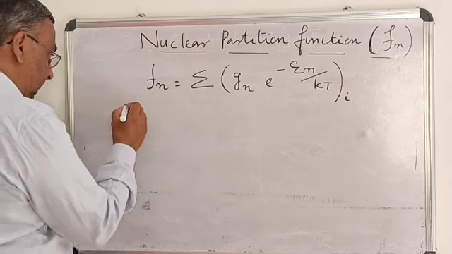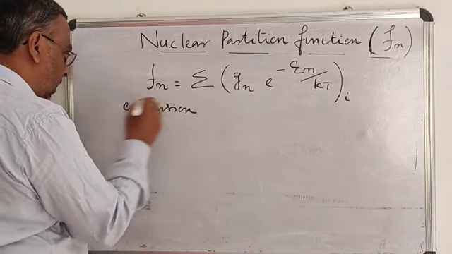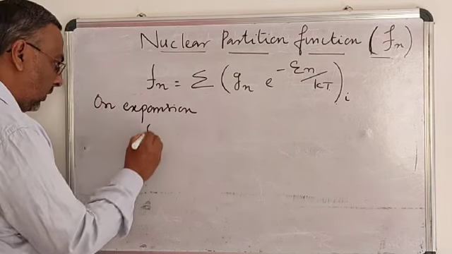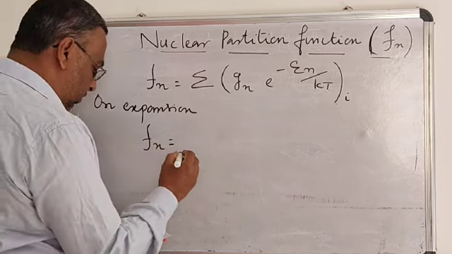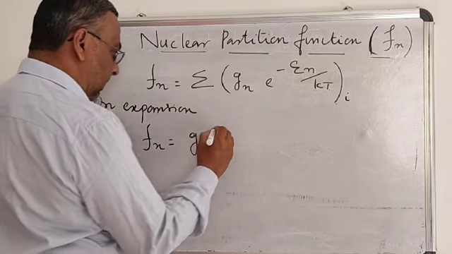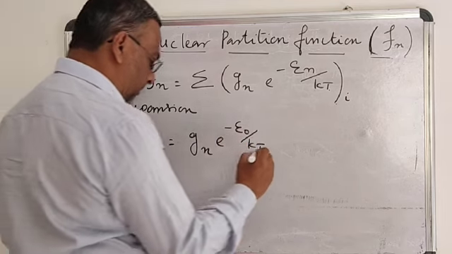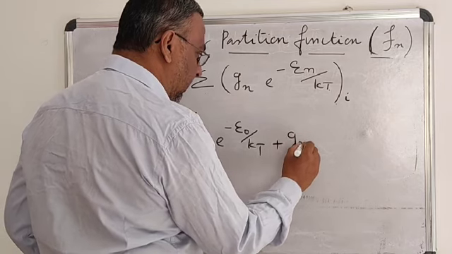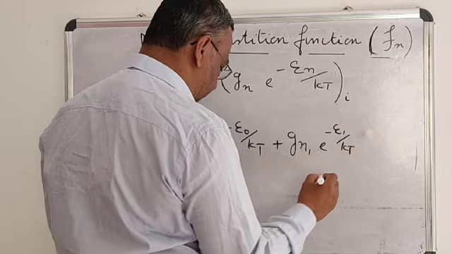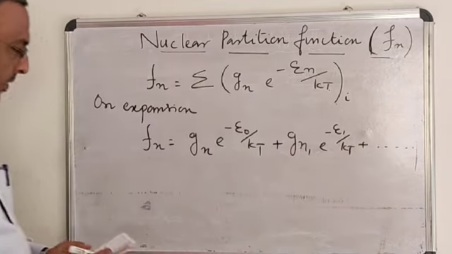Now when we expand this, on expansion, we get Gn0 e power minus E0 by kT plus Gn1 e power minus E1 by kT. I can go on writing it down like this.